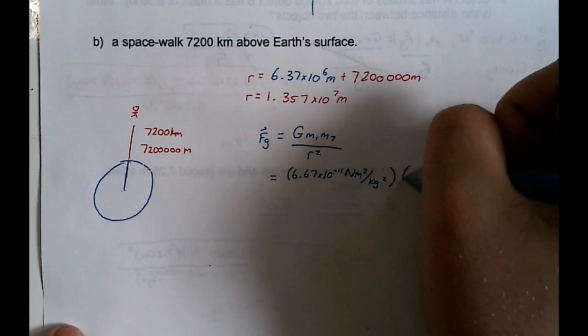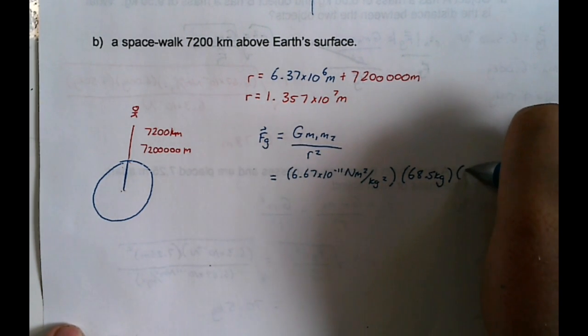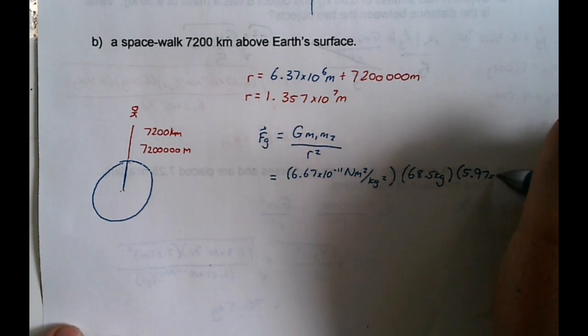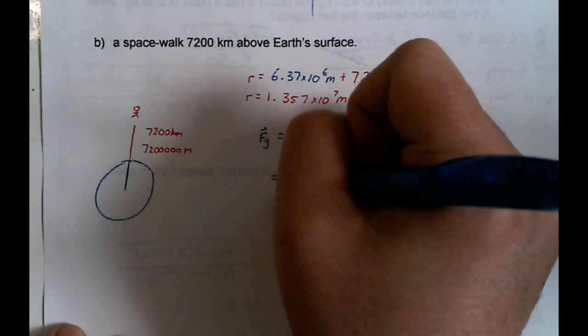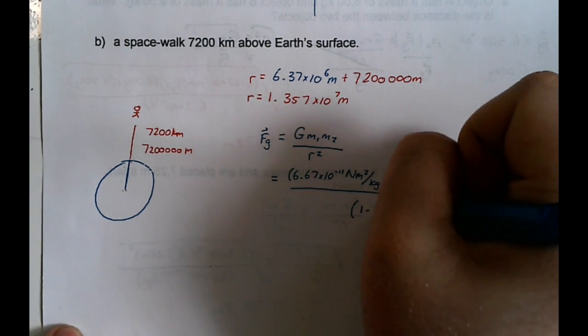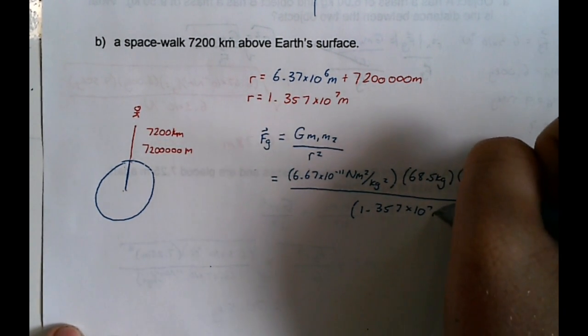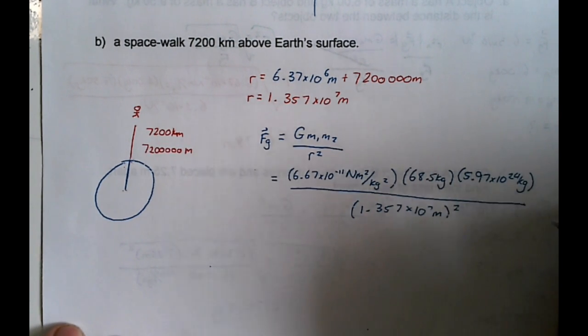Mass 1, 68.5 kilograms. Mass 2, 5.97 times 10 to the 24 kilograms, divided by the distance between, 1.357 times 10 to the 7 meters squared.